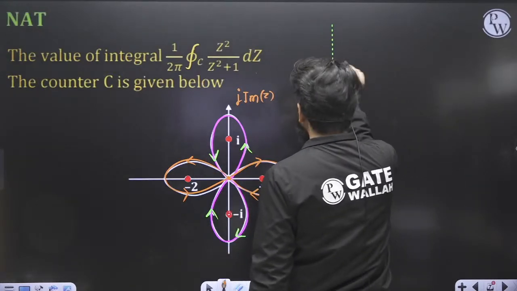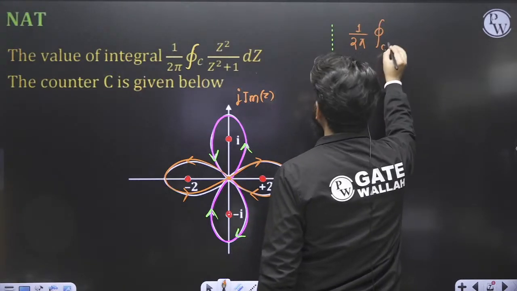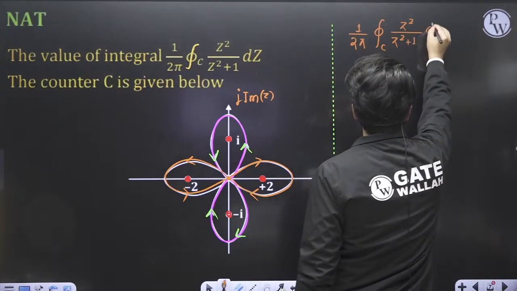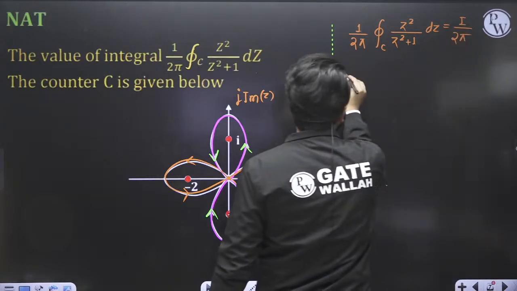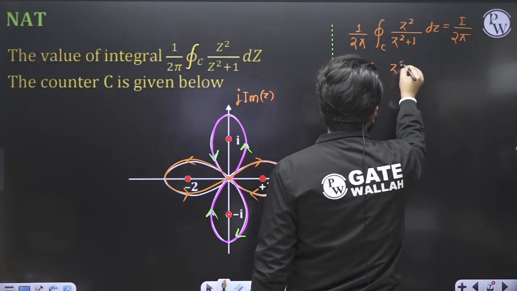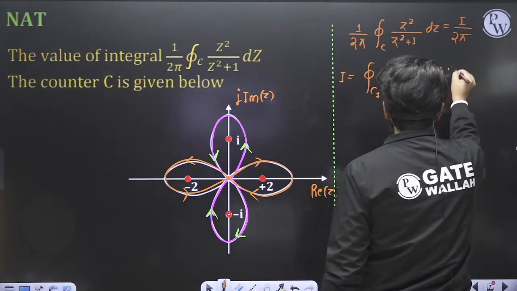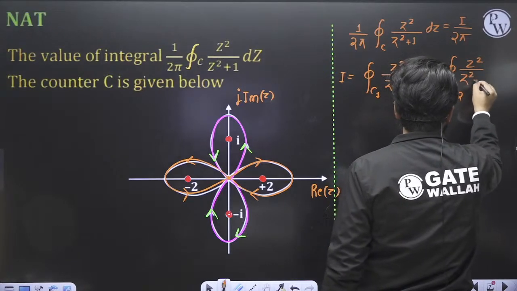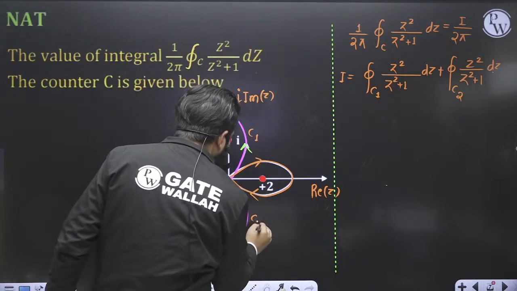So in this case, this value of 1 upon 2 pi integration z square upon z square plus 1 dz, I'm writing it as I upon 2 pi. So the value of I can write it as c1 z square upon z square plus 1 dz plus again c2 z square upon z square plus 1 dz. Okay, this is the curve c1 and this is the curve c2.